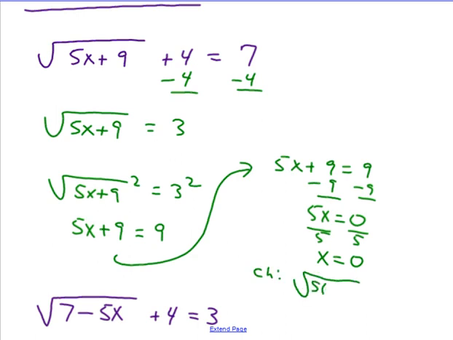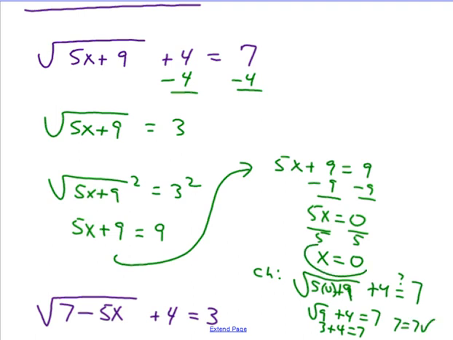Root 5 times 0 plus 9 plus 4, does that equal 7? So that ends up just equaling root 9 plus 4 equals 7. 3 plus 4 does equal 7. 7 equals 7. And so that checks out, so x equals 0.